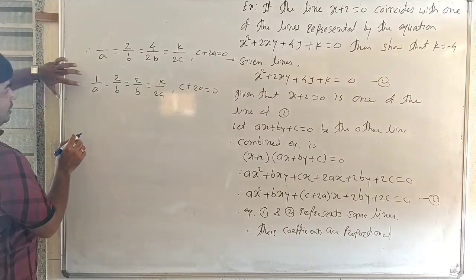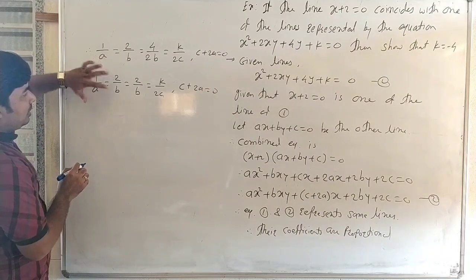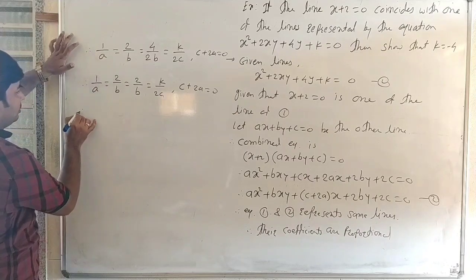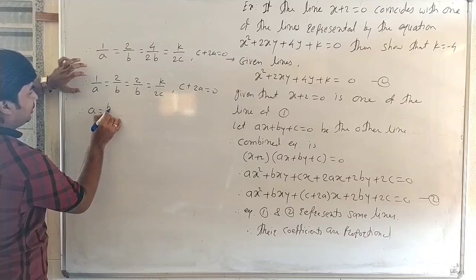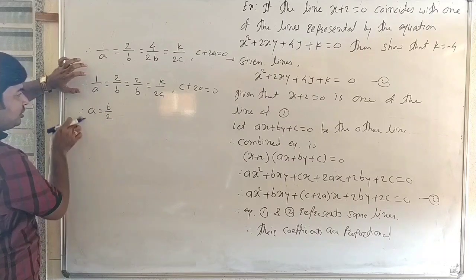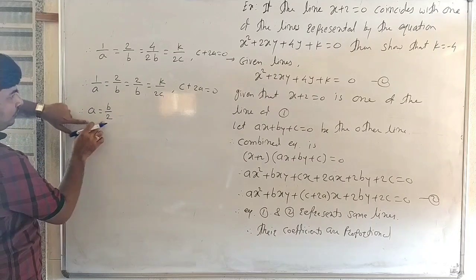Now here 1 by a is equal to 1 by 2b, therefore 2a is equal to b.